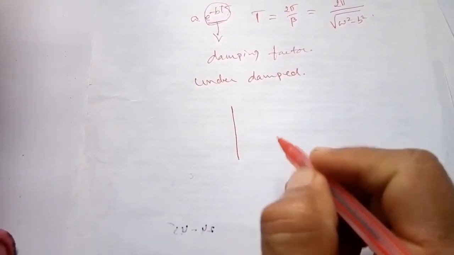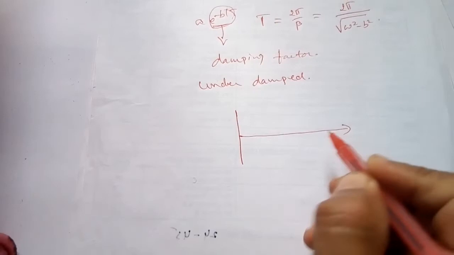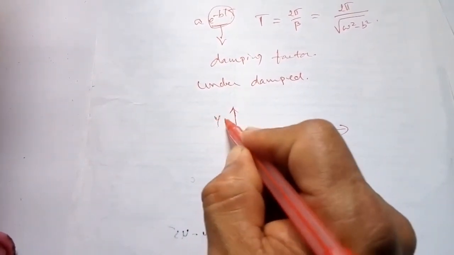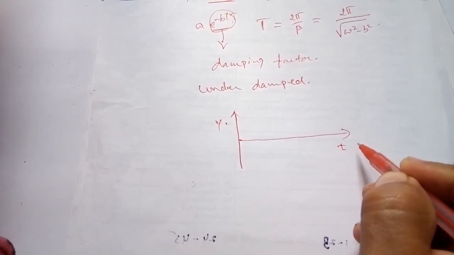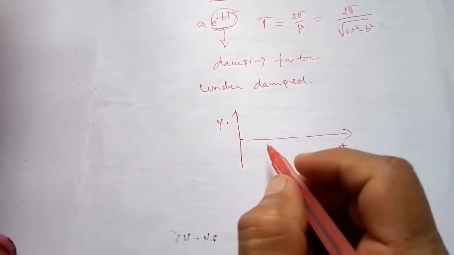So let us pictorially represent this. Displacement y is on the y-axis and time t is on the x-axis.